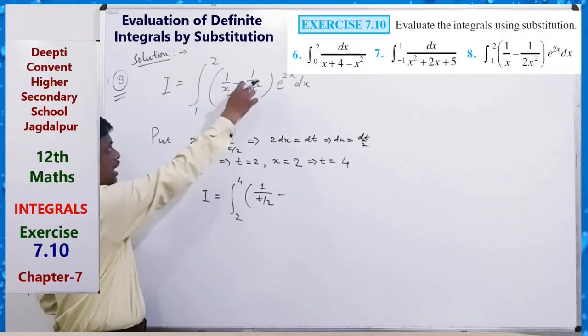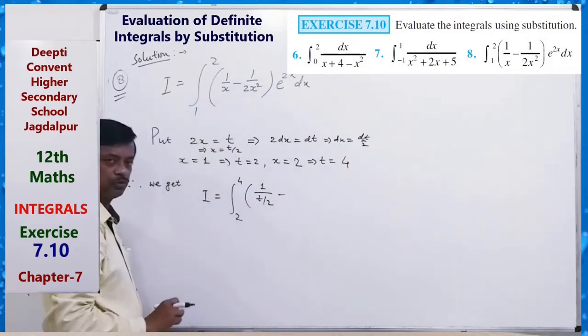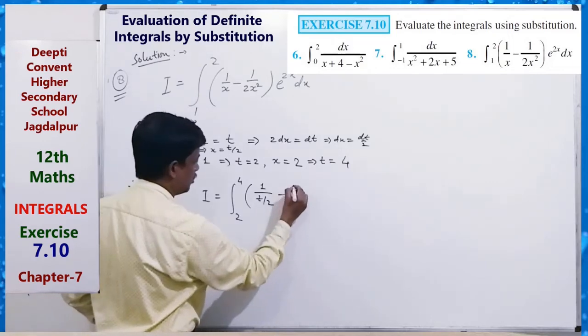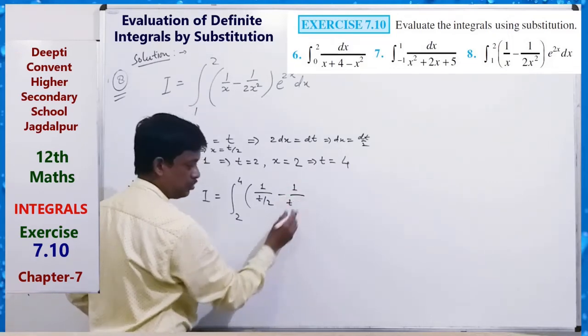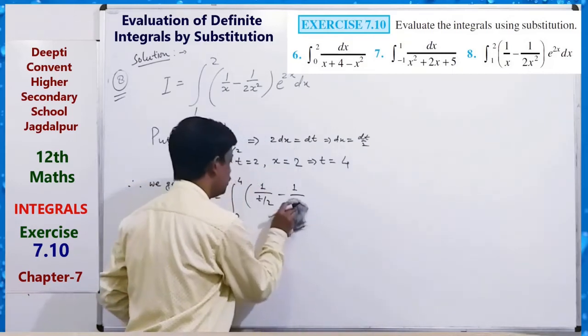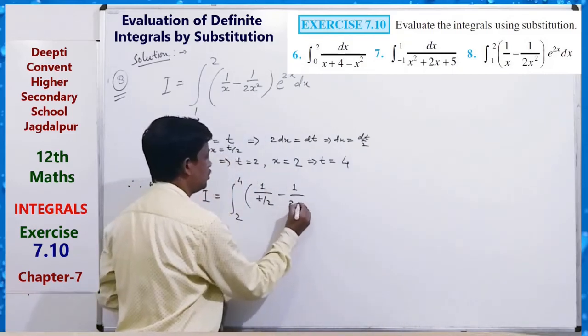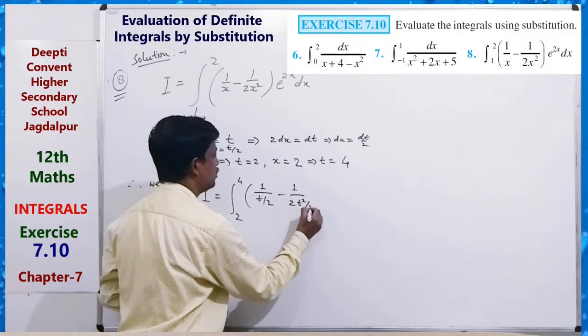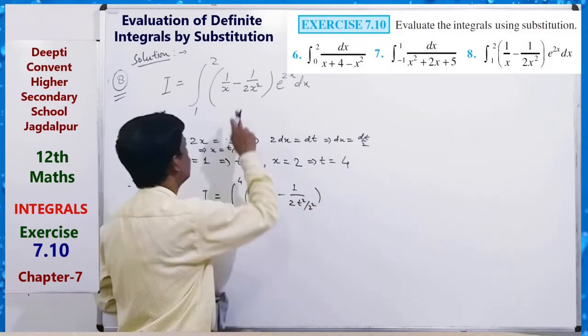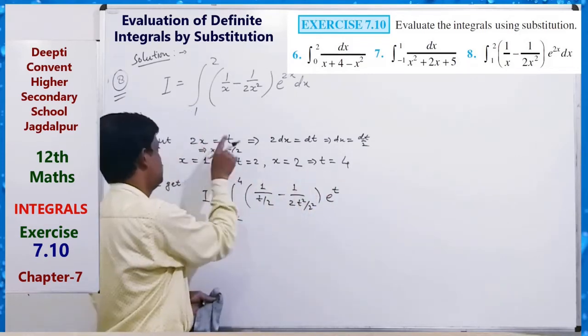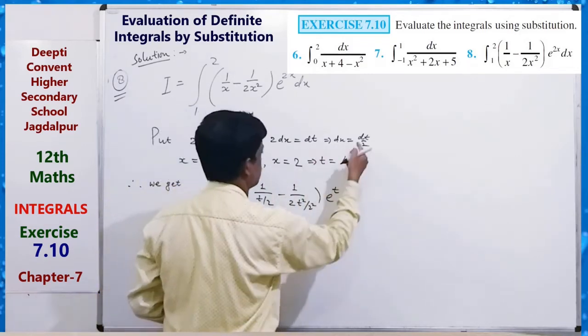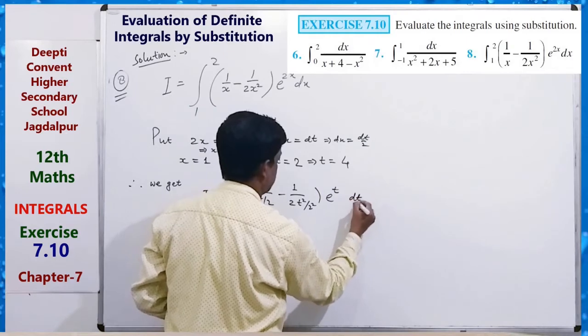So x square is t square by 2 square, and e to the power t, since 2x equals t, dx equals dt by 2.